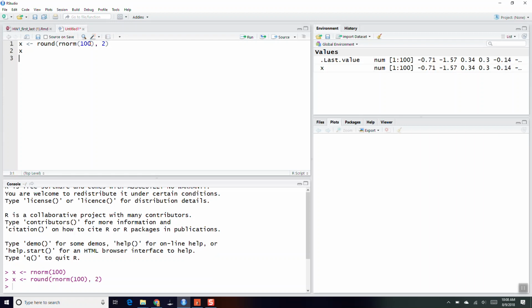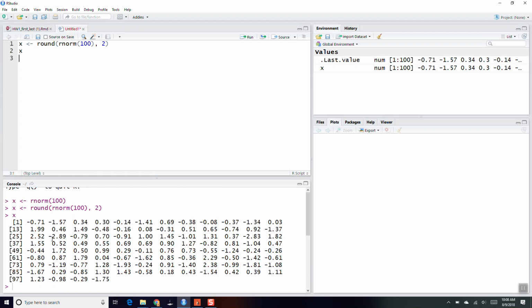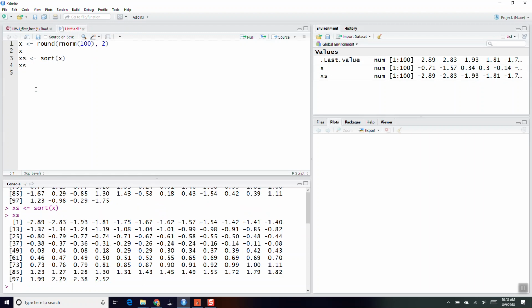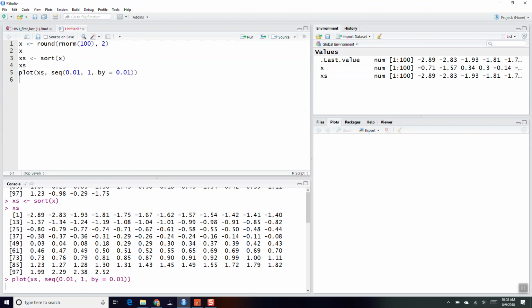Okay, so if I print out X, this is what I've got. And then basically I'll sort X from least to greatest. Okay, and then I'm going to plot the sorted values XS against a sequence from 0.01 to 1 by 0.01.